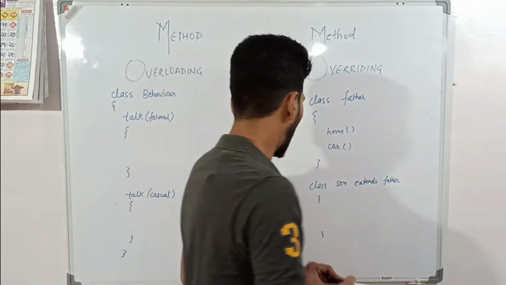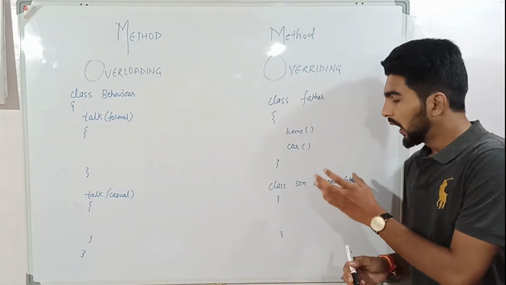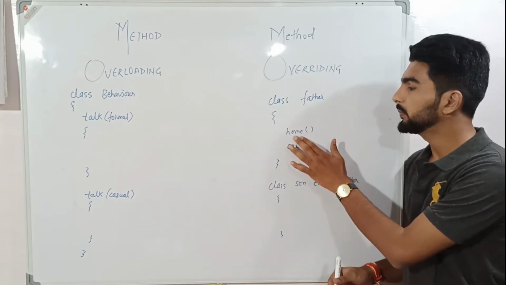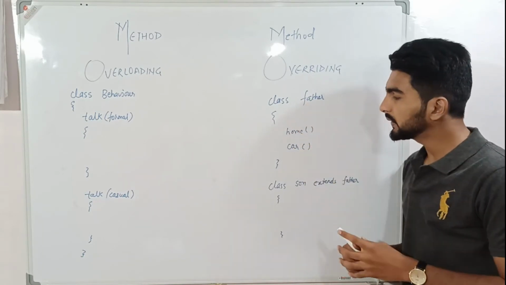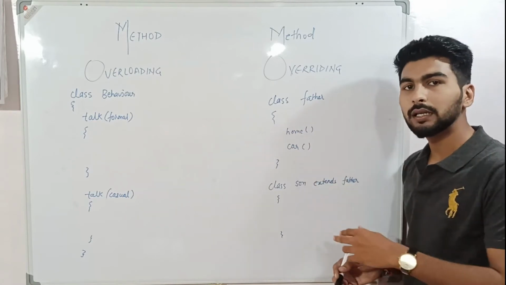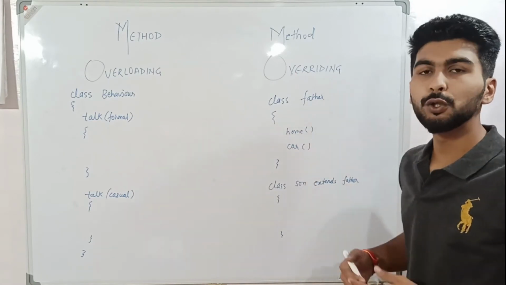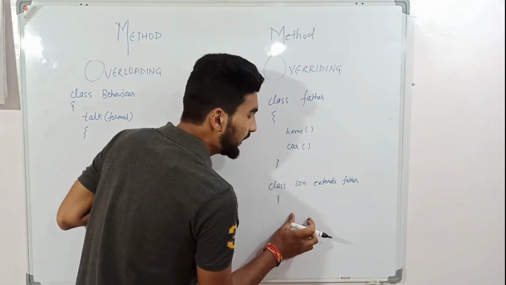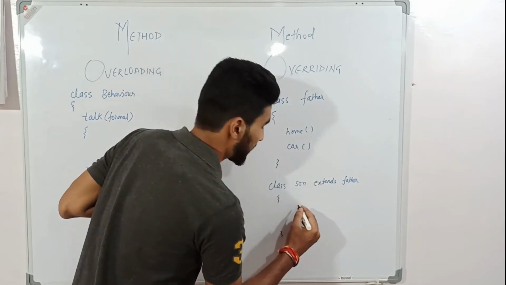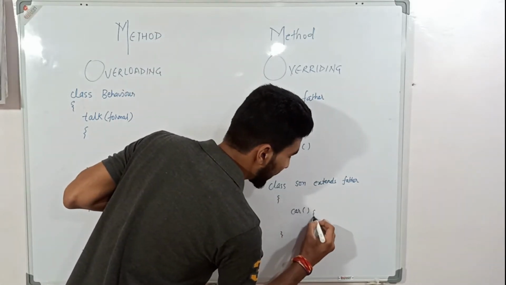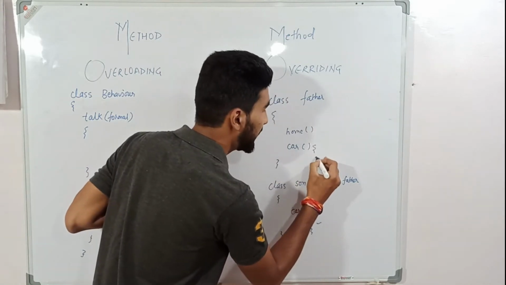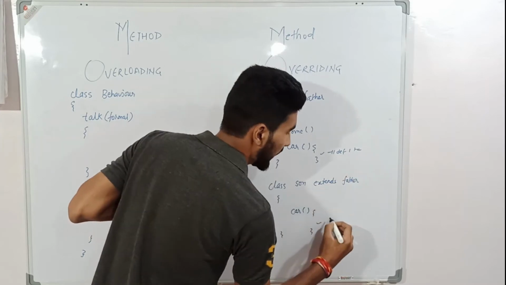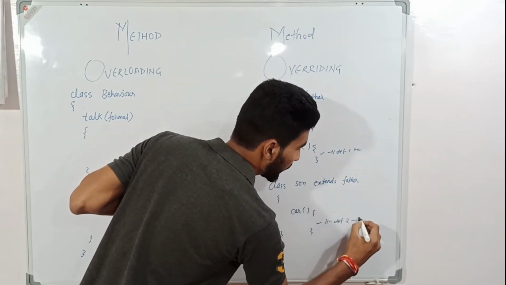But this son doesn't have any problem with the home given by his father, but he has some issue with the car and wants to purchase a new car. So he will simply rewrite or replace the method car, but here the definition will be different. Here is definition number 1 and here definition number 2.